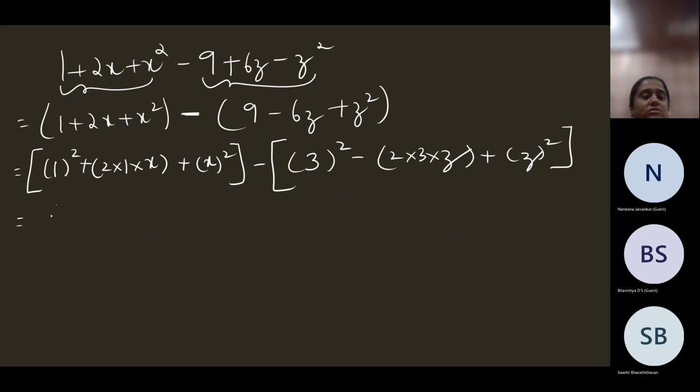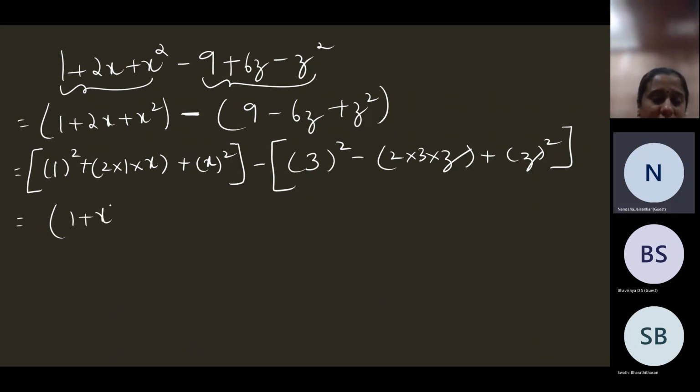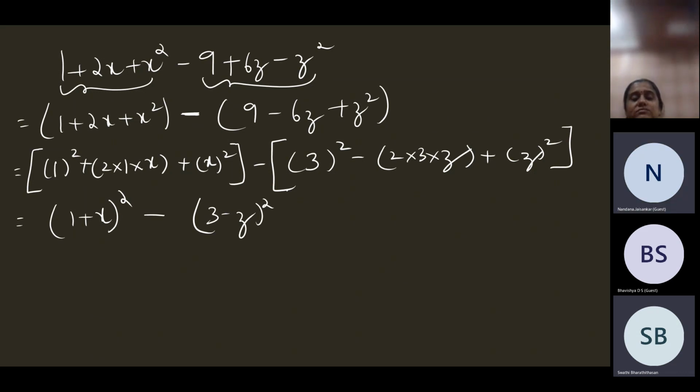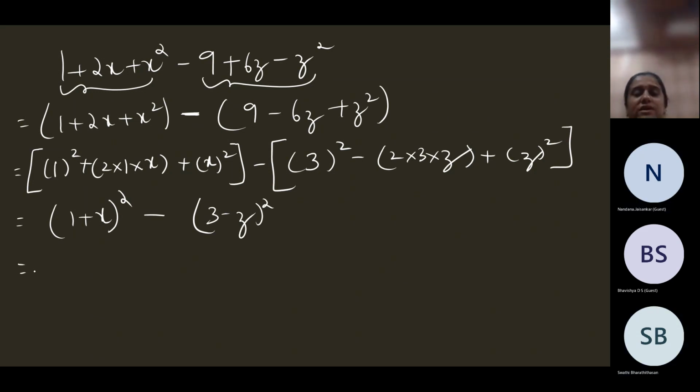Yeah, now this is of the form a square plus 2ab plus b square. So a plus b, 1 plus x whole square. Yeah, minus. Next 3 minus Z whole square. Very good. Correct. 3 minus Z because minus 2ab. So x square minus 2xy plus y square is x minus y the whole square.